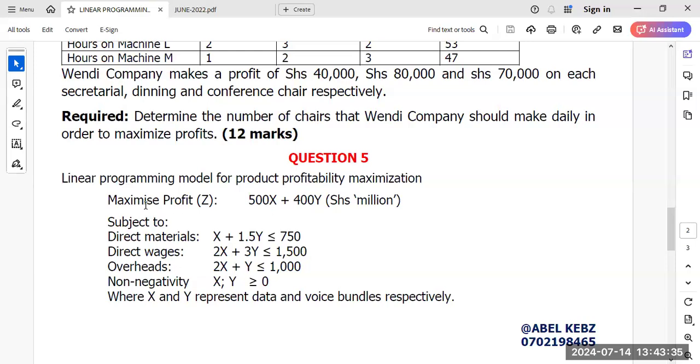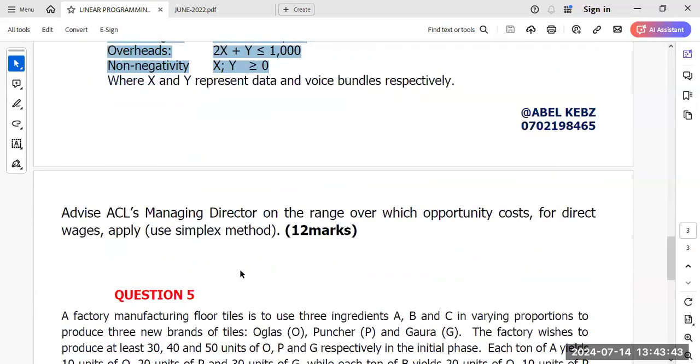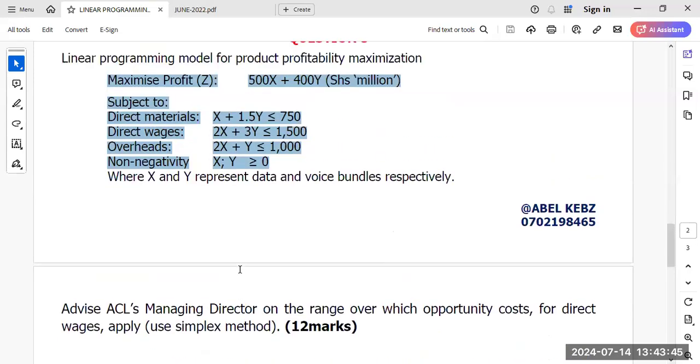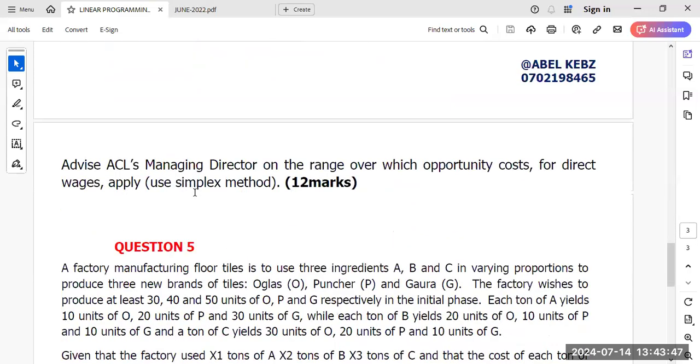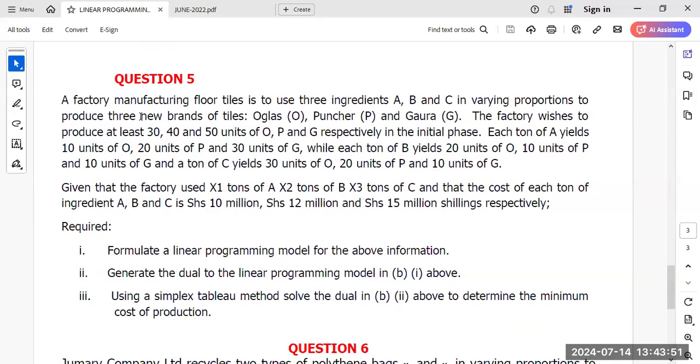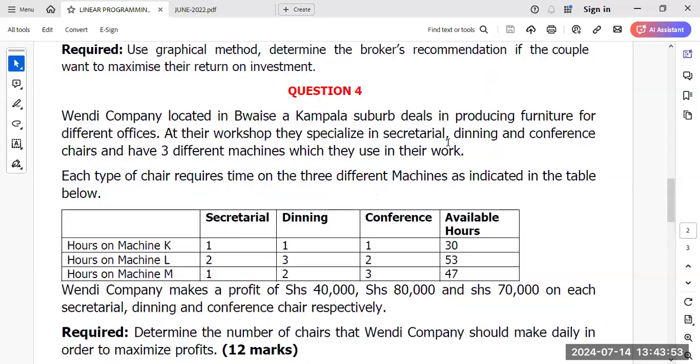Question 5, you have a linear programming model, it is given. So no need of hassling here, it is given. But here they said you use the simplex method, not graphical. Okay.